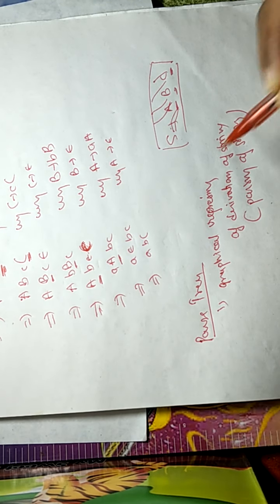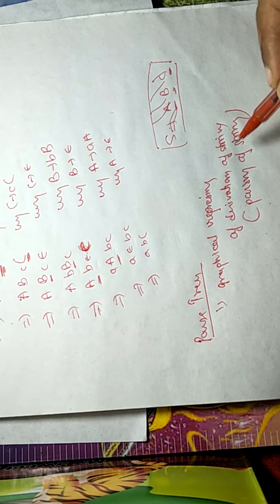Parsing of a string means we are deriving a string from the given grammar. So we derive a string using productions from the grammar, and the same procedure will be represented in graphical form.